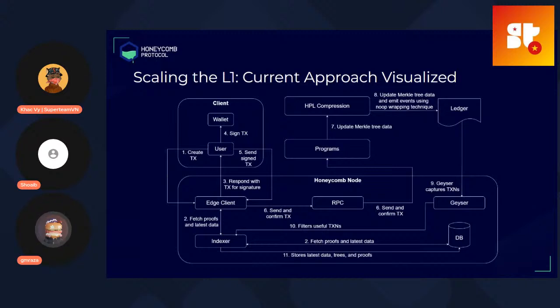But the way we differ from them is the proof. They have the ZK proof mechanism; the way they validate the data integrity is ZK proofs. On the other hand, we use Merkle proofs. So that's the difference per se. But logistics-wise and indexing-wise, things are pretty much similar.